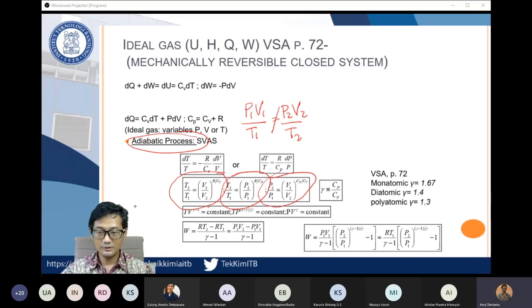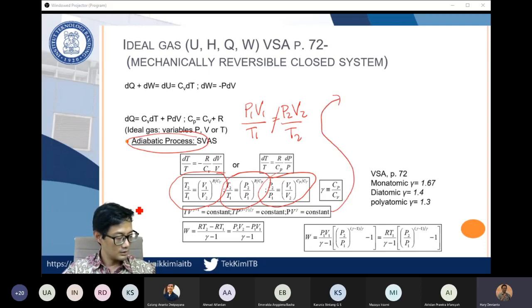Okay, please be aware of this. Normally I will use this relation: T1 V1^(gamma-1) equal to T2 V2^(gamma-1), or T1 P1^((1-gamma)/gamma) equal to T2 P2^((1-gamma)/gamma).